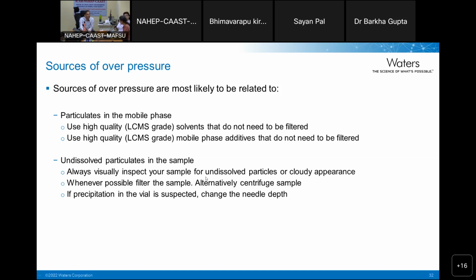Ideally, there is 4 mm from the bottom of the vial. If you observe some precipitation and you cannot help it, then you need to change it to some higher values. Ideally, that should not be injected.